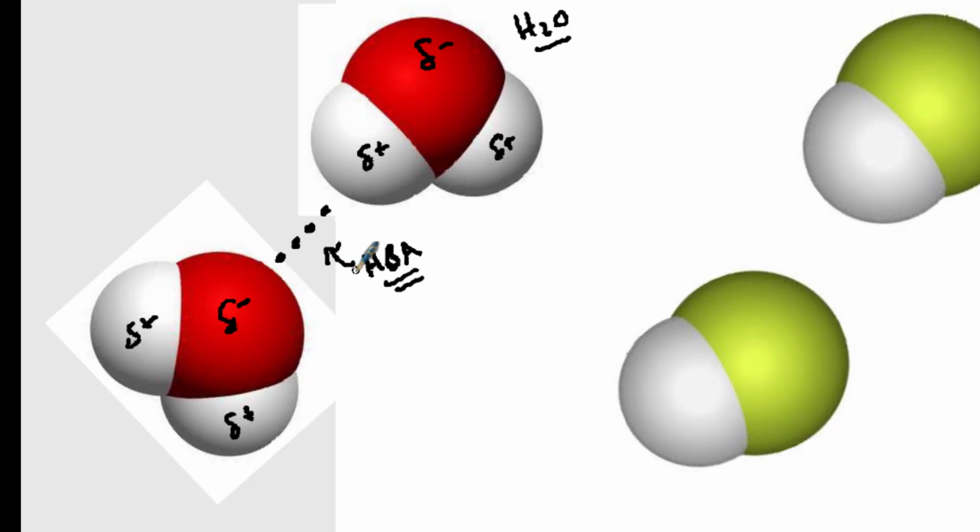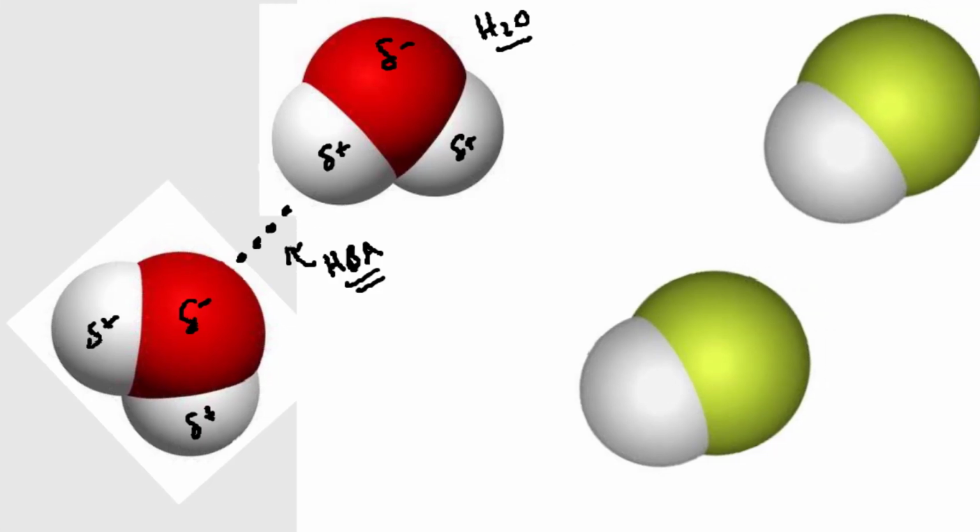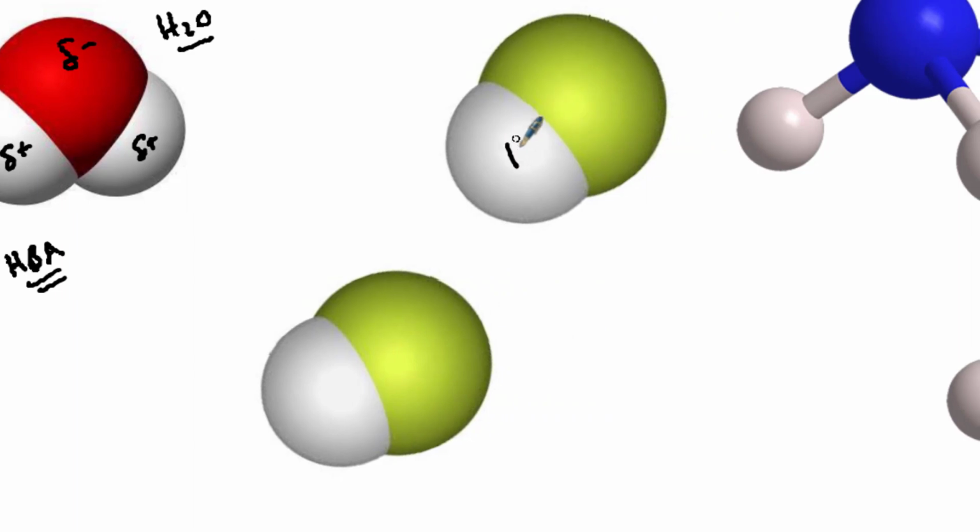This is a relatively strong attraction. Not as strong as ionic, not as strong as covalent network, not as strong as metallic, but a relatively strong attraction. And so in order to boil water or to melt water if it's a solid, you have to break these attractions. Not the bonds, but attractions. Can you see why I don't like the term hydrogen bonds by itself? Because it is an attraction. You can see we can also have something like HF.